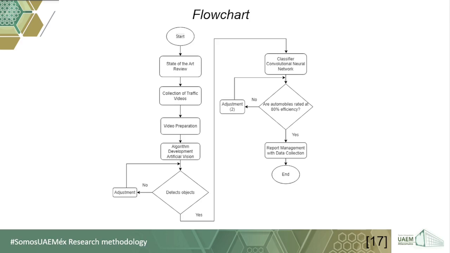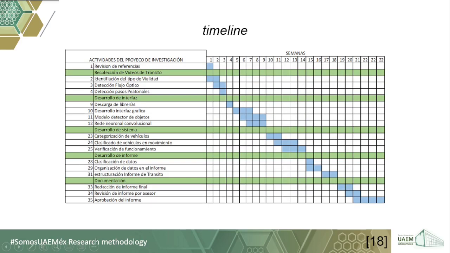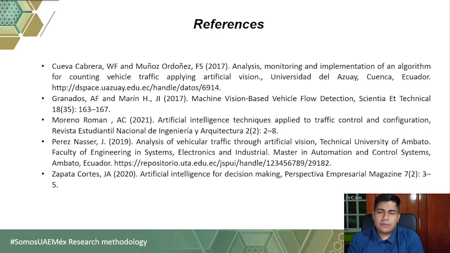Then if we have this efficiency, it goes to report management with the data collection, and it will be the counter of the type of vehicles that transited in that district, and that is the end. Then the timeline of the activities we are going to do in the project. That will be all for the presentation of the research project slides.